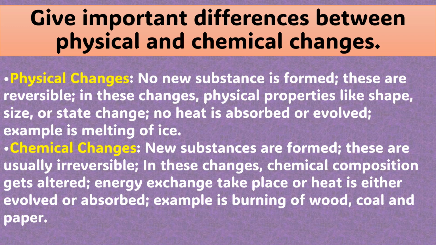No heat is absorbed or evolved. Example is melting of ice. Chemical changes: these are usually irreversible. In these changes, chemical composition gets altered, energy exchange takes place, or heat is either evolved or absorbed. Example is burning of wood, coal and paper.